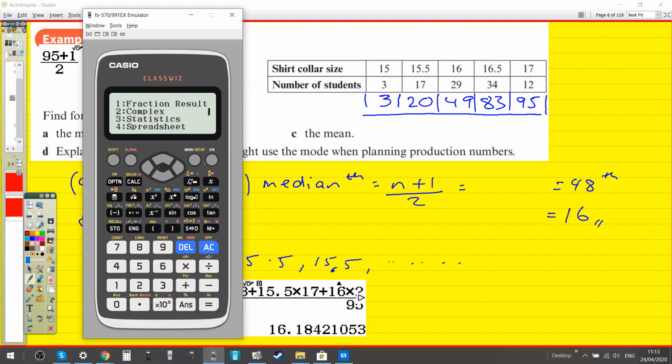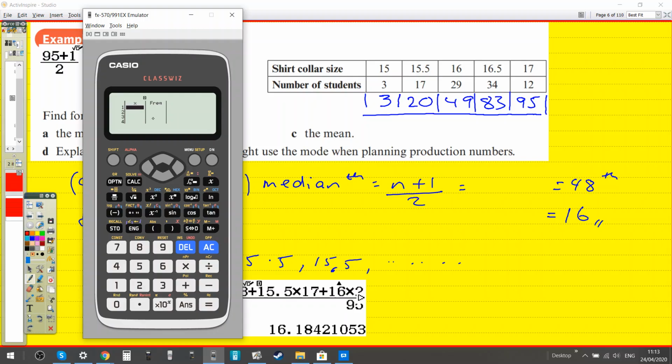So you press shift before menu, and that gives you the setup menu. And then it's down, next one for statistics, number 3. And frequency, switch that on. Yeah, I've done that. That'll be in the memory now. You won't have to do that every time. So menu, statistics, one variable.